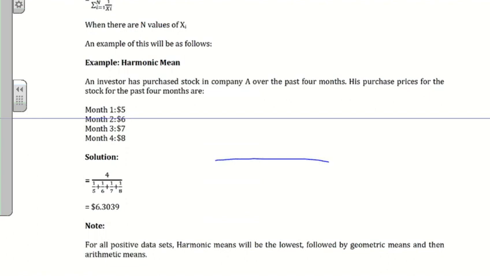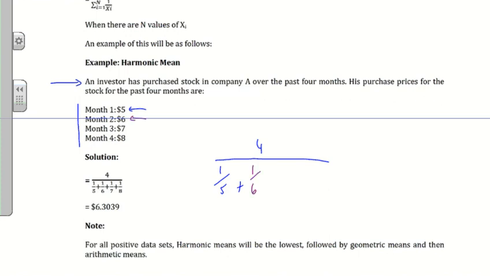An investor purchased stock in company A over the past 4 months. Here are his share prices. What you do, you numerate. You say, well, how many months are we dealing with, or how many observations? 4. That's my numerator. And what's on my bottom? 1 over, what did he pay in the first month? 5. 1 over 5. Plus second month, 6.